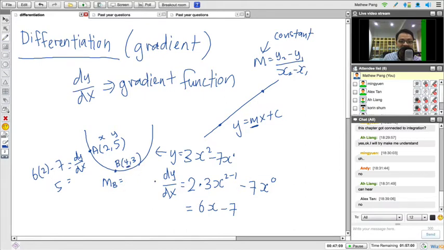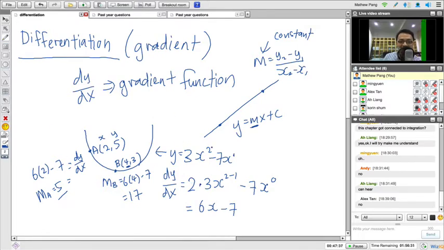I substitute 4 into my 6x - 7, so 6(4) - 7 is 24 - 7, and you get 17. That means my gradient at B is 17, but my gradient at A is 5. So this is the meaning of dy/dx. Basically, dy/dx means the gradient for any curve.